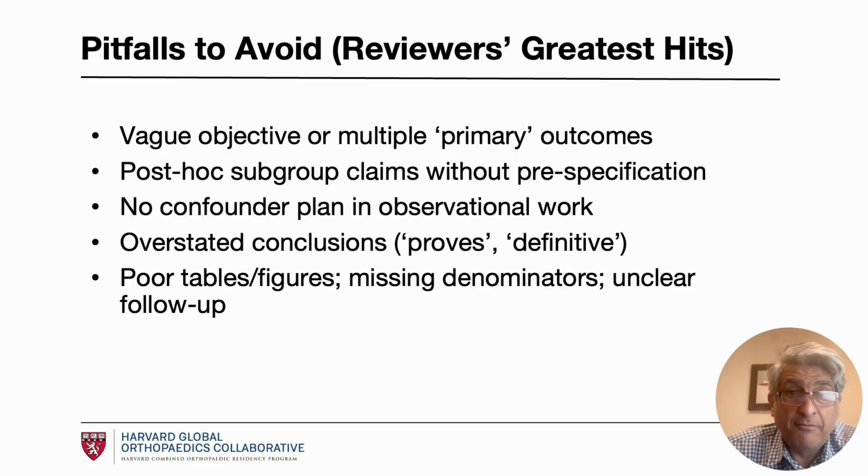Pitfalls to really avoid are vague objectives or multiple primary outcomes, post-hoc subgroup claims without pre-specification, no confounder plans in observational work, overstated conclusions with definitive words such as proves, and poor tables and figures, with missing denominators and unclear follow-up. Also avoid too many adjectives such as novel.